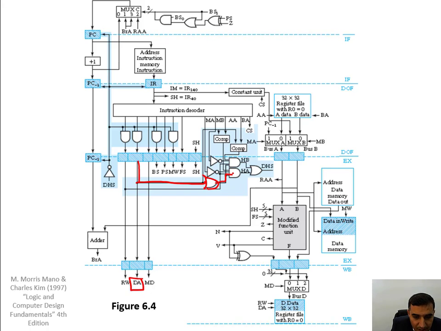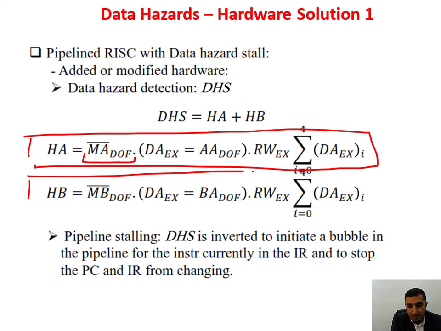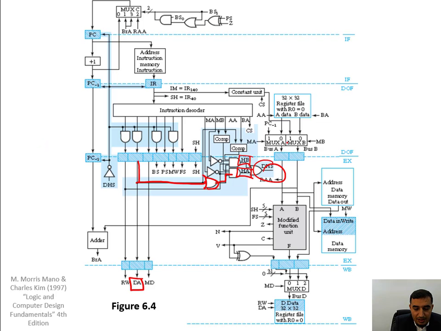Meaning all the bits of the destination address, at least one of them is equal to 1, so they are not equal to 0. This means that we are not writing back to R0. This means that we have a data hazard for A, and this is the data hazard for B. The same applies over here. So this is HA, and this is HB. All of these are logical operations. If one of them happens, then we have a data hazard. So in the next part, I'm going to talk about how we are going to avoid this data hazard, and then how we are going to apply the forwarding solution.